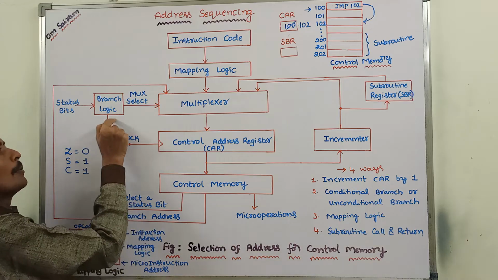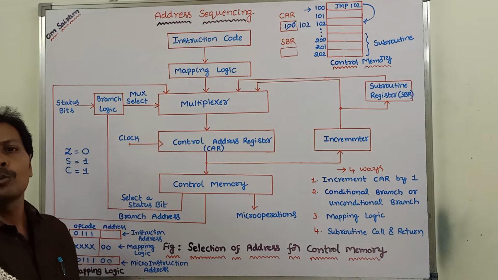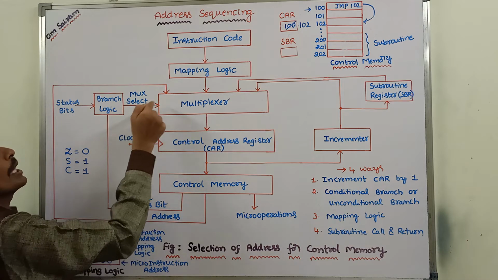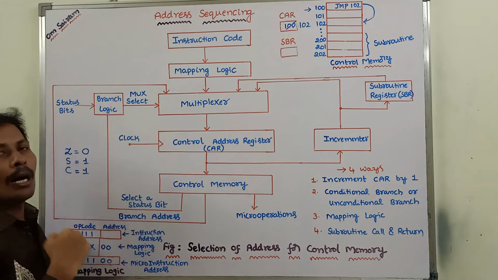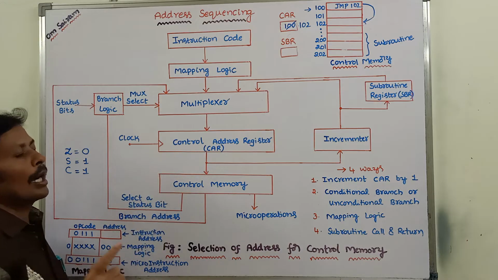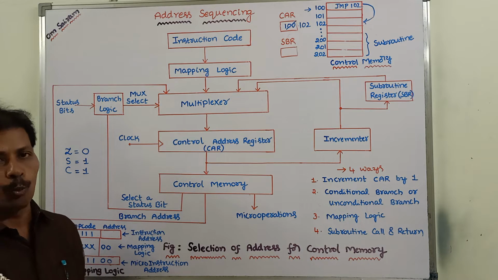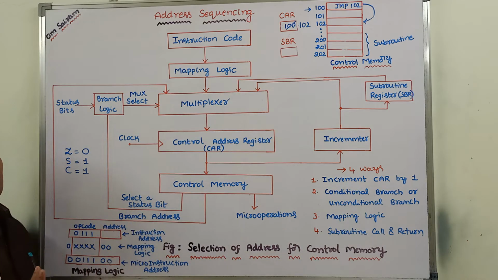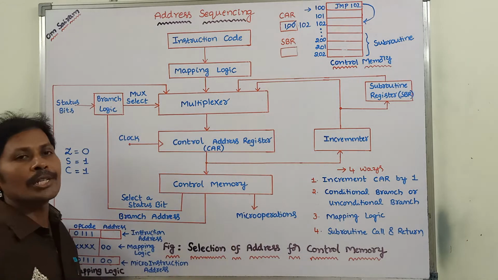If the status bit value is set as 0, then simply we have to increment the content of the control address register by 1. In this way, we have to select the next micro instruction address. This is called a conditional branch.